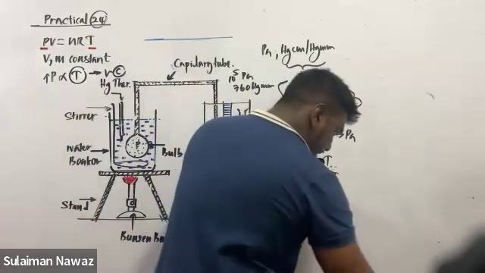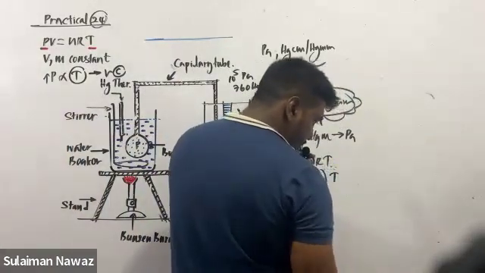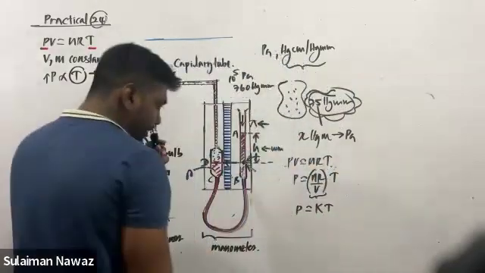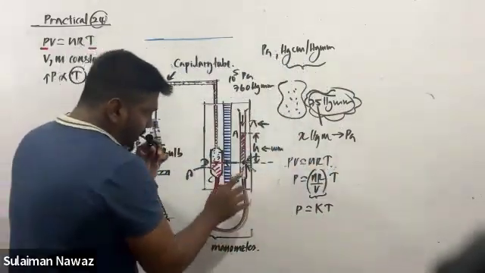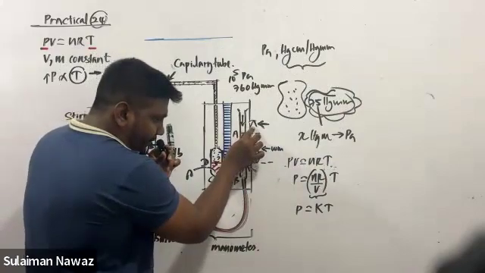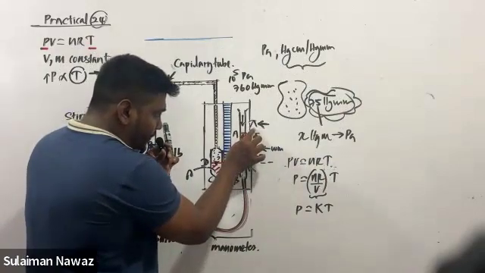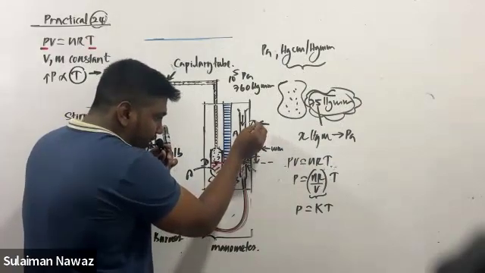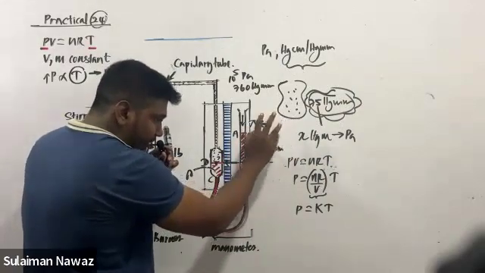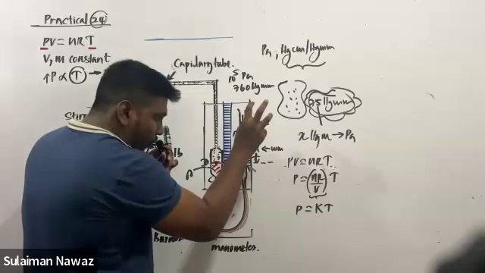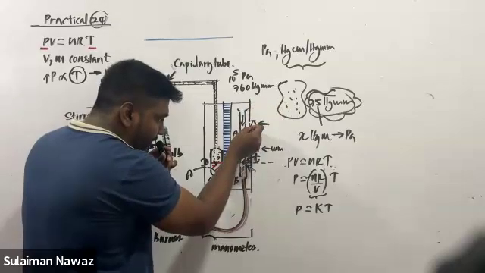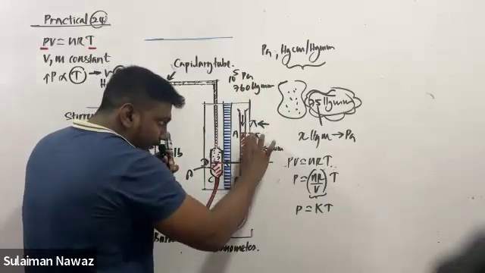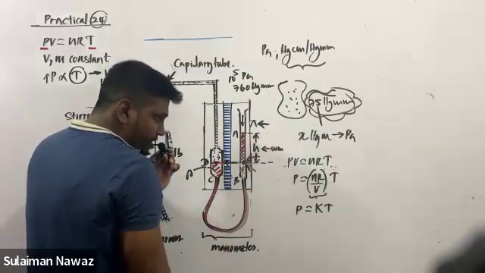Hands up who understand my question. Please reply in the chat box. I'm saying atmospheric pressure, phi, is measured in mercury millimeters as a column length of mercury, rather than in Pascal, and this height is also measured in mercury millimeters.